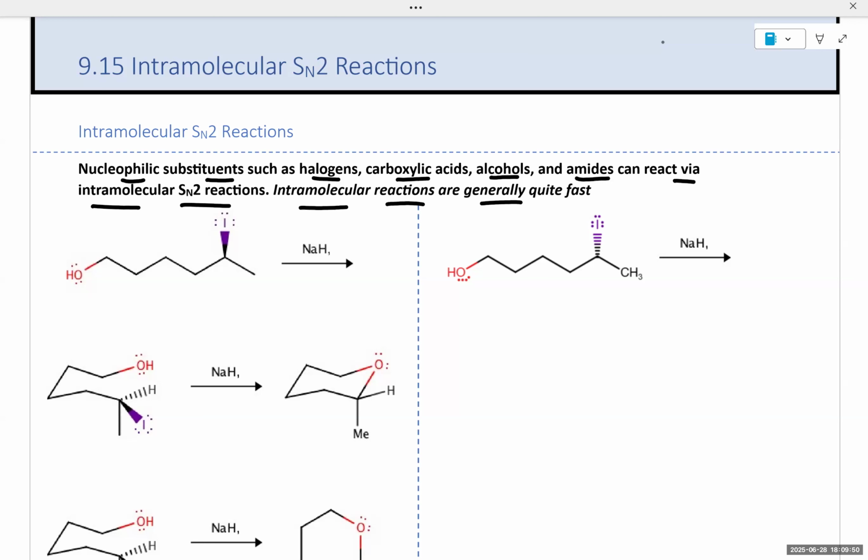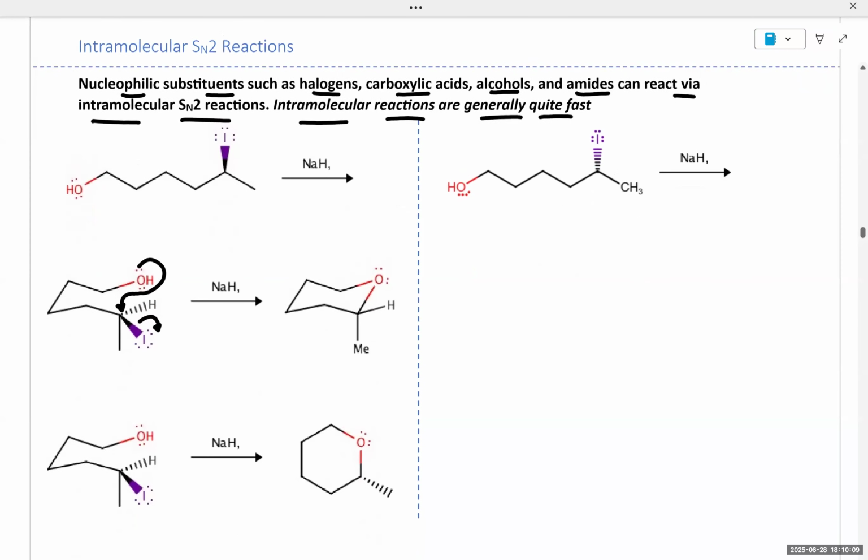Intramolecular reactions are generally quite fast. So in this intramolecular reaction, your nucleophile attacks and displaces the leaving group. So the nucleophile and leaving group are in the same molecule. This allows us to form cyclic systems.